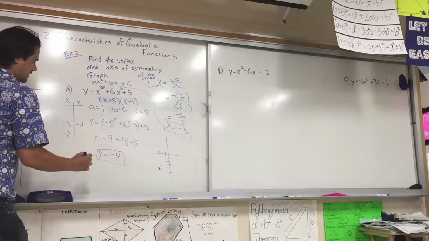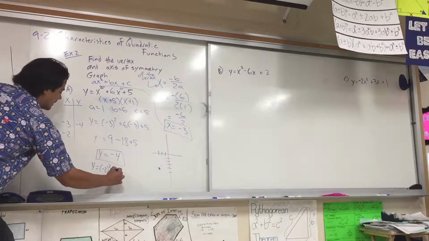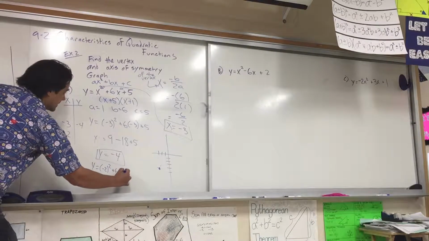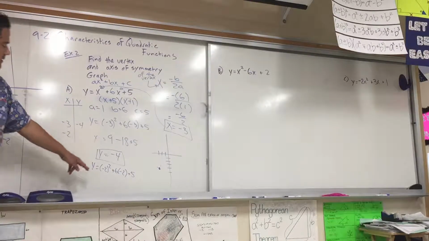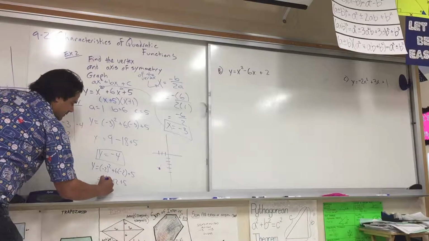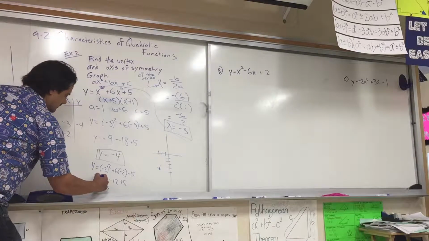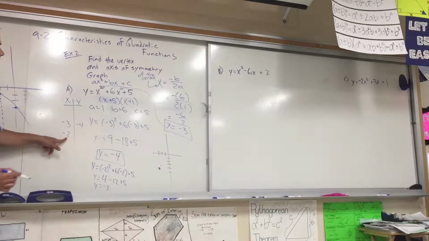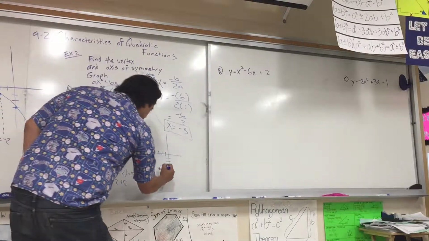So I'm going to put -2 into my equation. We're going to go y equals -2 squared plus 6 times -2 plus 5. It's going to give me 4 minus 12 plus 5. It's going to give me -3. So when x is -2, y is -3.